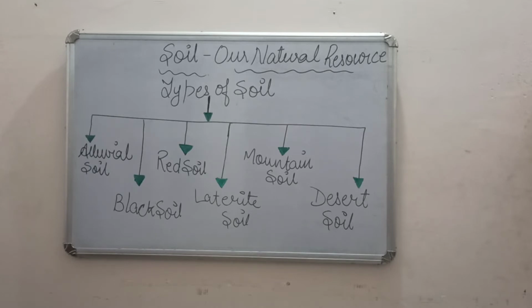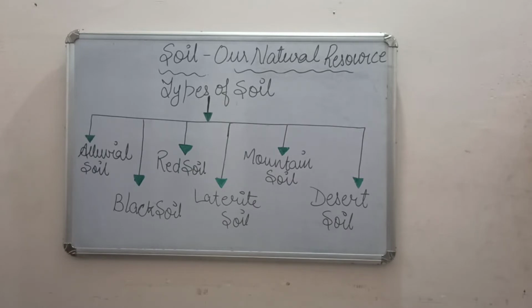As you can see through the flow chart, we have 6 types of different soil. If you remember, in the previous session, I told you that we have different types of soils.